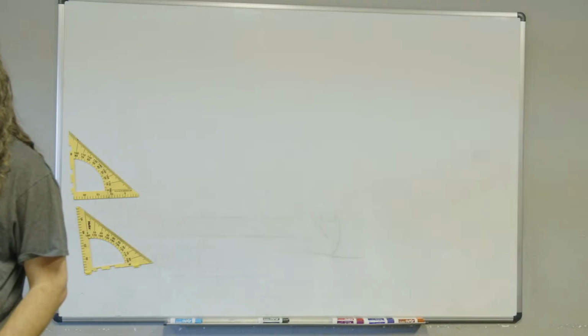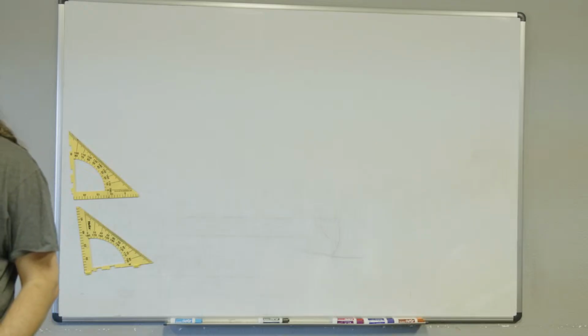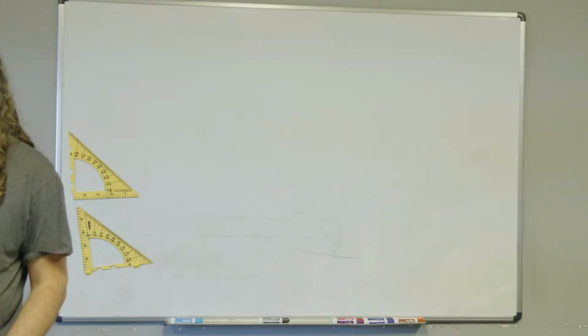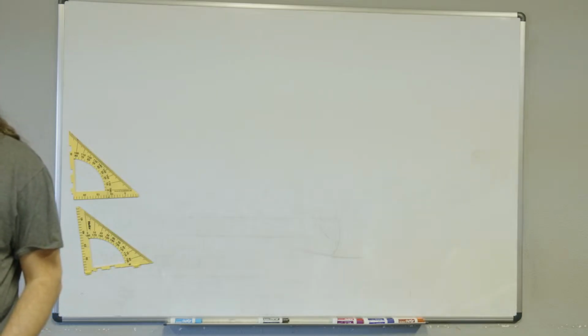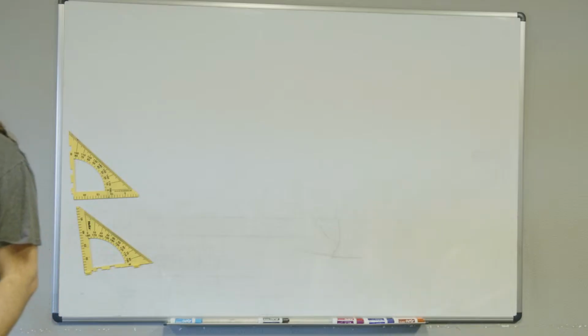Number 14 is 23x minus 6y. And 16 is -14c plus 32d. Number 18 is the rationals and the reals. Number 20 is the naturals, the wholes, the integers, the rationals, and also the reals.